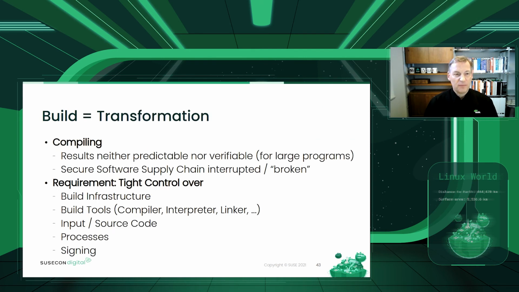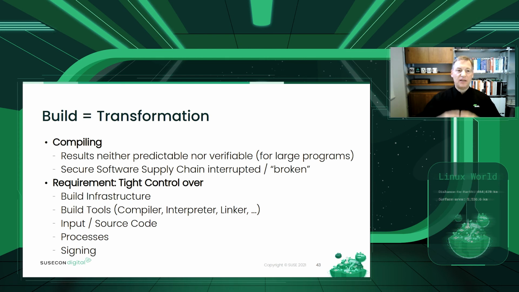And this transformational process comes from the fact that due to compilation of larger programs, neither the results are predictable nor verifiable, because it's a transformational process, which again is done by software, and that goes to the context of complexity. In other words, we could, when we take this very seriously, say that during this process, any secure software supply chain is interrupted or broken.